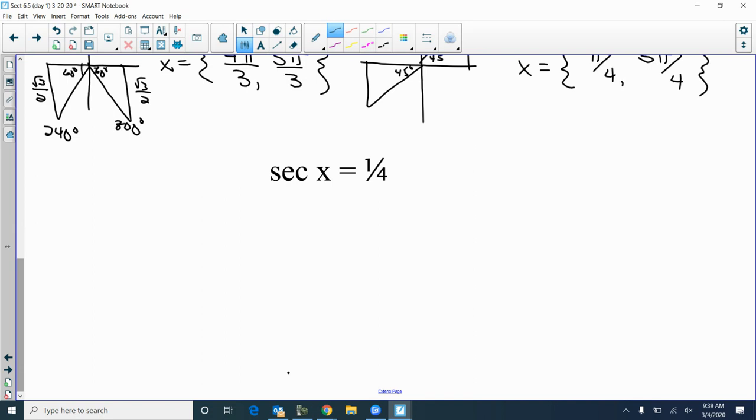All right, now that last one there: secant of x equals 1/4. When you think about this, let's think in terms of cosine. So it's really asking me where cosine of x equals 4 over 1, or 4. What angle has a cosine of 4?